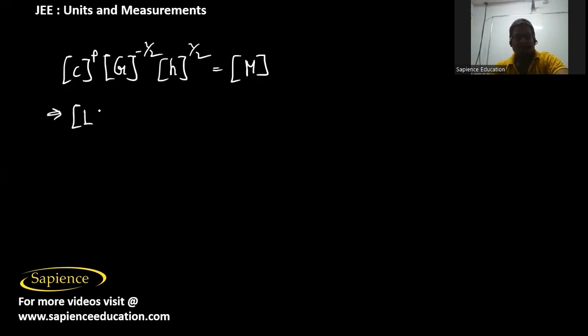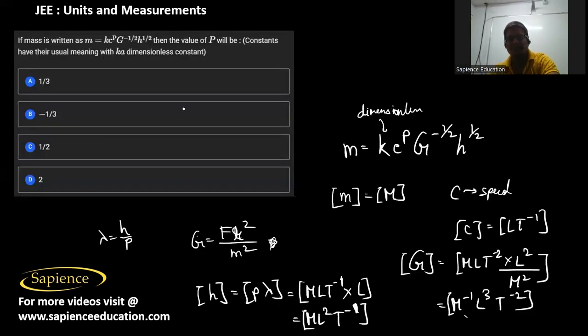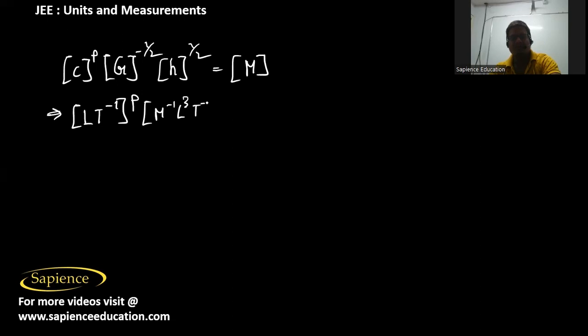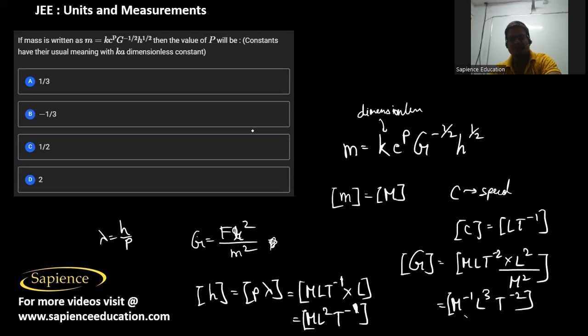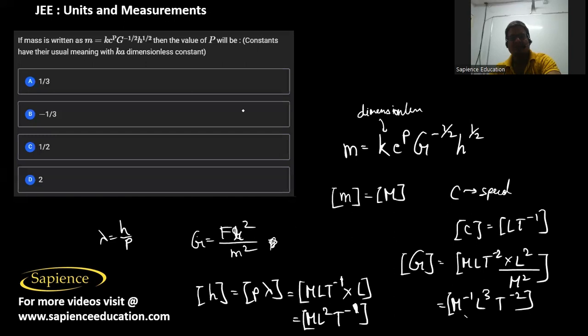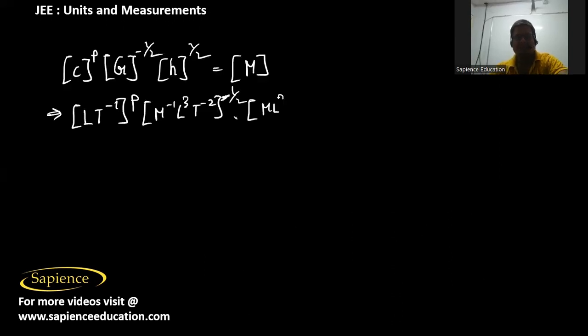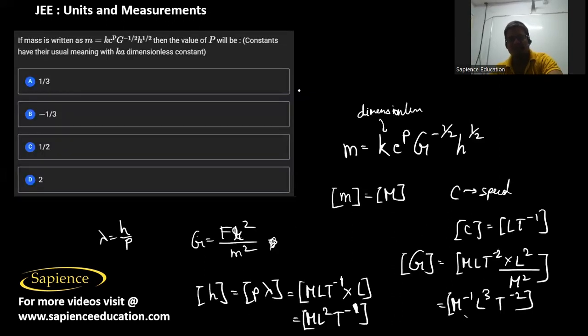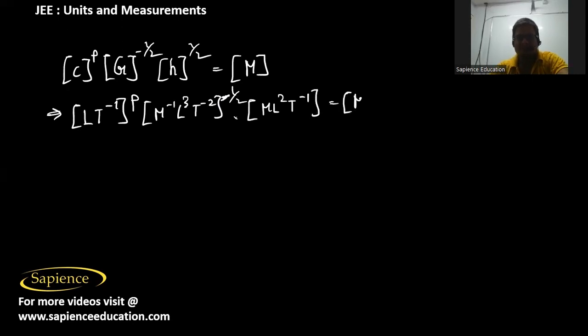Therefore speed of light is (L T power minus 1) power p, G is (M power minus 1 L cube T power minus 2) whole power minus half, into Planck's constant, that is M L square T power minus 1, that is equal to M. So here it is power half.